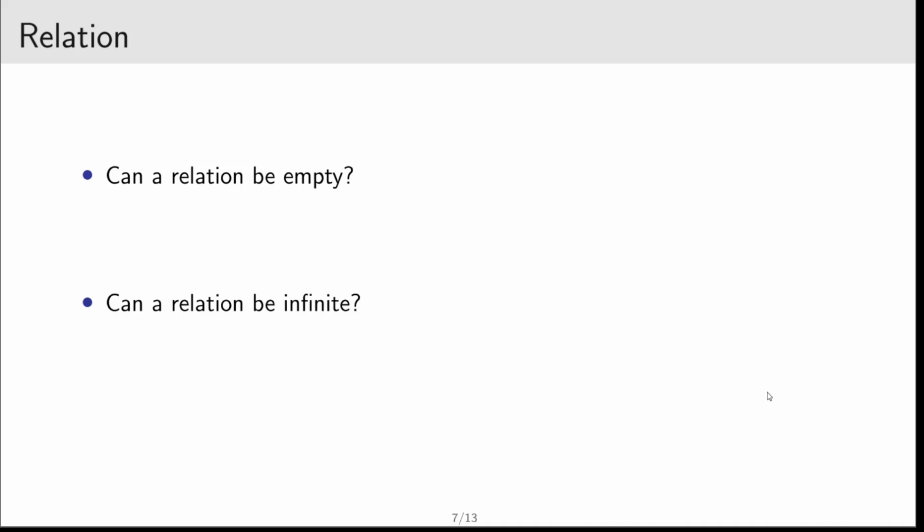Now, for the first one, remember, a relation is a subset of a Cartesian product, and there is no other restrictions on that. So therefore, because a subset of a Cartesian product could also be empty, a relation can be empty. Yeah, because the empty set is also a subset of the Cartesian product.